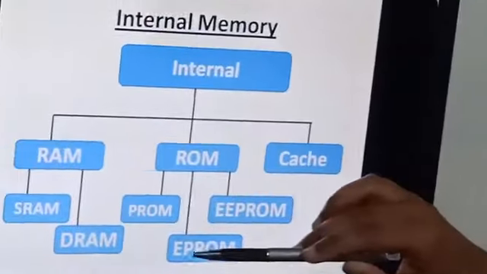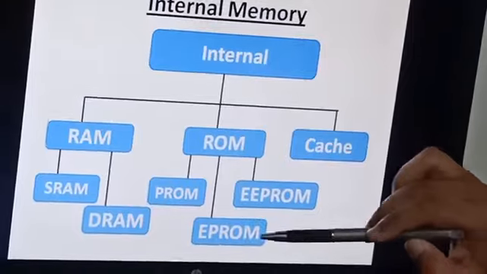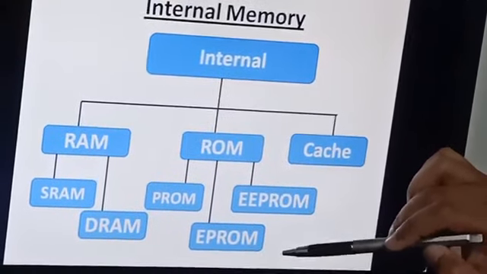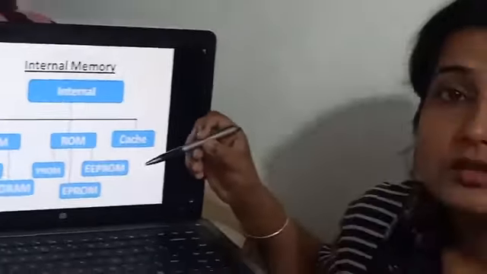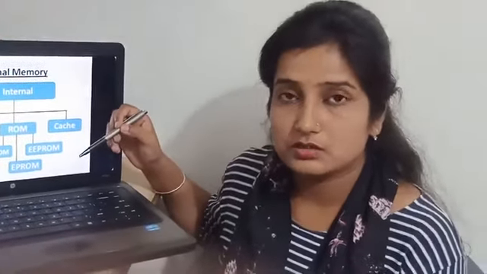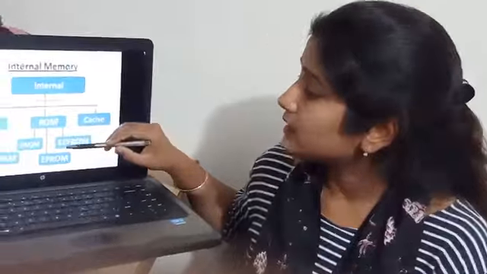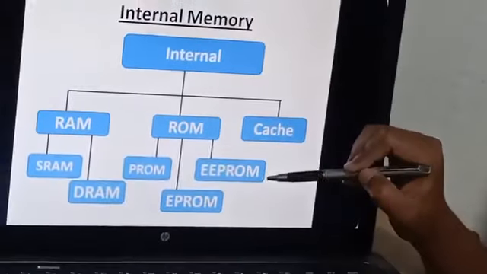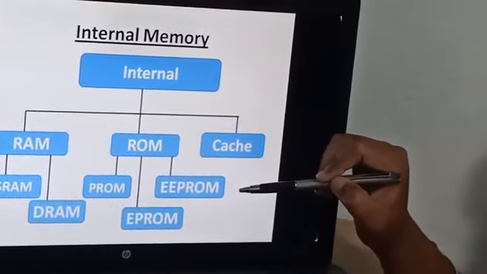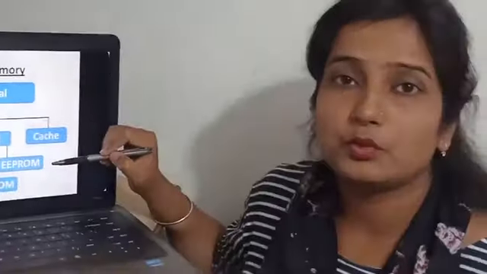So here comes the next one, EPROM, erasable programmable read-only memory, means here the data can be erased. Whatever instruction is stored by the manufacturer can be erased later and can be reprogrammed again. The next one is electrically erasable programmable memory. This memory could be erased or reprogrammed by electrical methods.